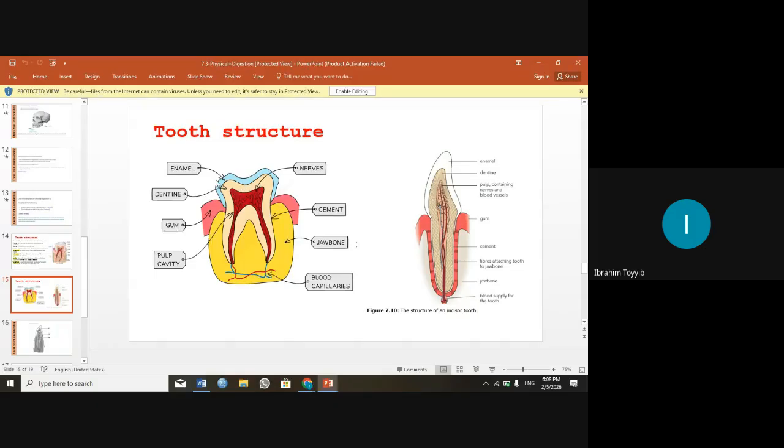If you are given this structure, the pulp cavity is the innermost one, and we have nerves like a tree diagram inside the pulp cavity. You have the enamel as the first part, and the dentine as the second layer. You can see the gum. You have the cement. You have the jawbone here.